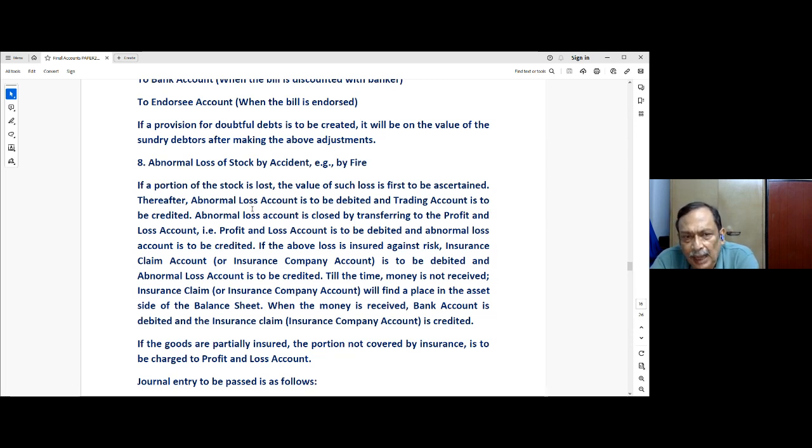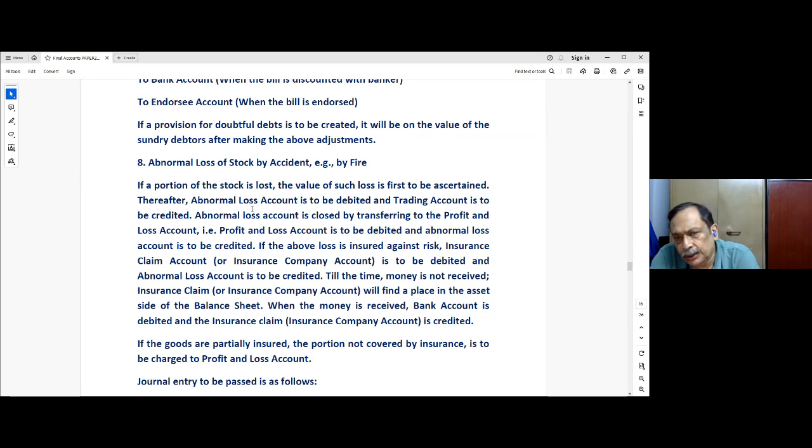Thereafter, abnormal loss account is to be debited and trading account is to be credited. Abnormal loss account is closed by transferring to the profit and loss account. That is, profit and loss account is to be debited and abnormal loss account is to be credited.